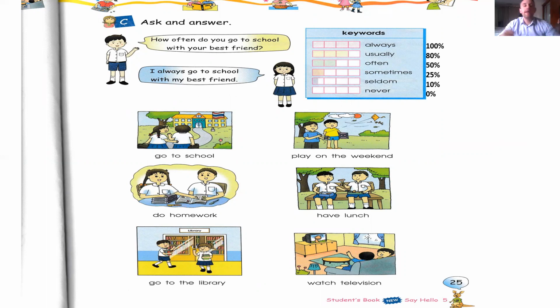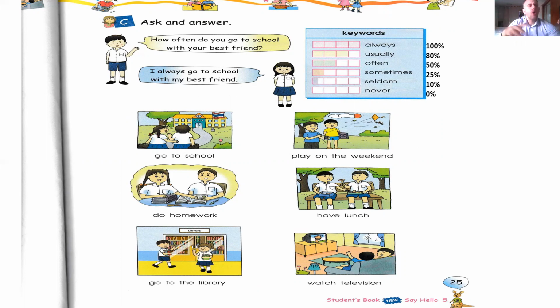In order to help you, I wrote the percentages to give you a fast idea about this. Always is 100%, usually 80%, often 50%, sometimes 25%, seldom 10%, and never 0%. Start to learn these adverbs of frequency.